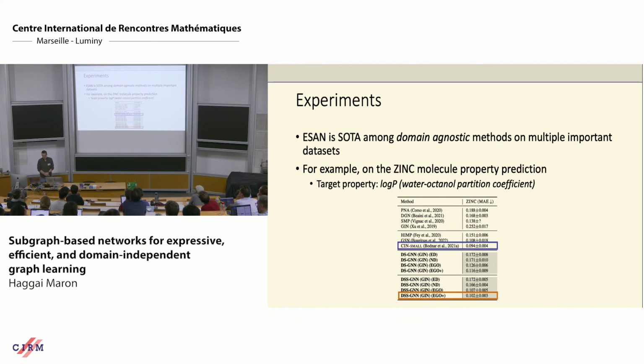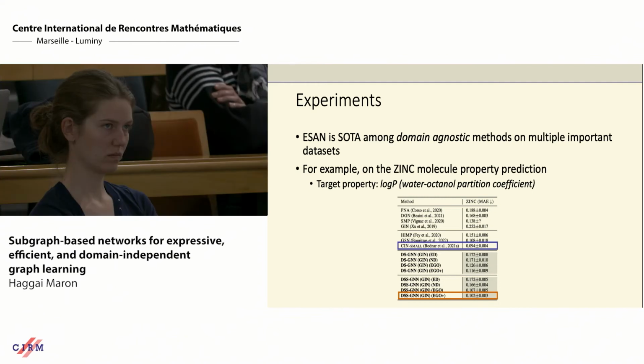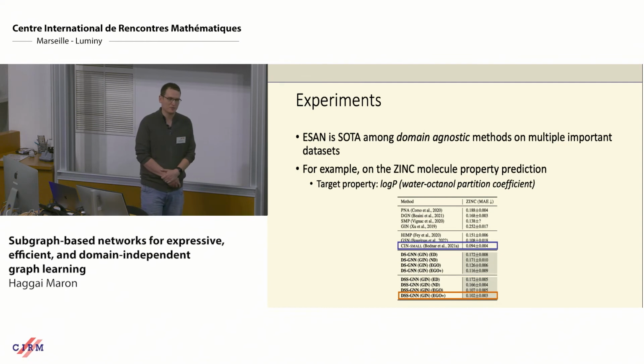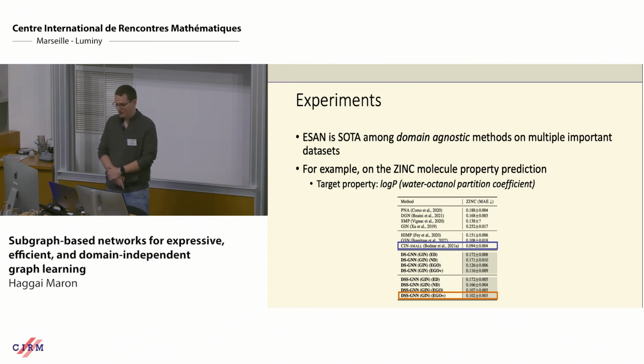Here we use the log P. And what we can see here is that DSS-GNN, which is the main model that we discussed, obtains very close results to the state of the art, which is CIN. And CIN is a paper that models molecules directly. So I think this is a nice result that we have an agnostic method because we didn't put any domain knowledge. This is all pretty general in the architecture, and we still get very similar results to specialized methods.